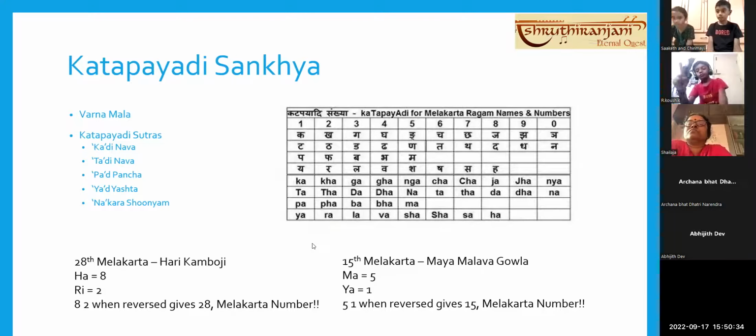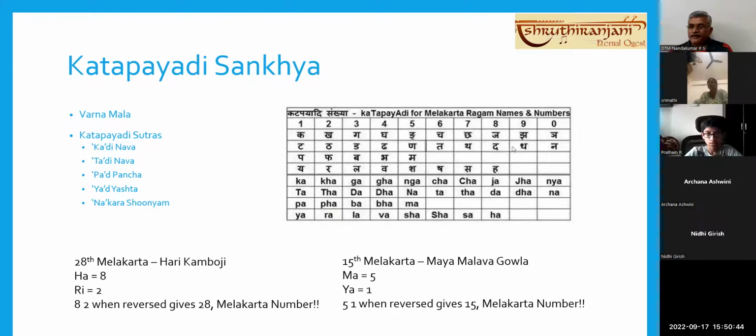So write 5 and 1 next to each other. Reverse it. You will get 15. 15th Melakarta is Mayamalavagaula. So if it is a Melakarta Raga, then you will find that the number can be found easily from the first two syllables. Now what else did Govindacharya do?